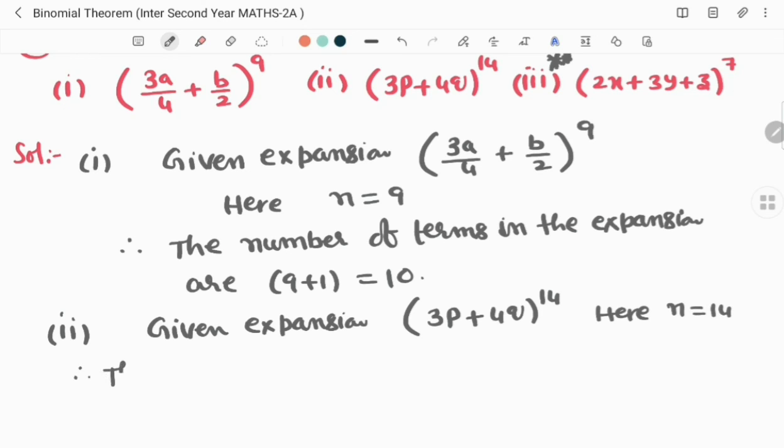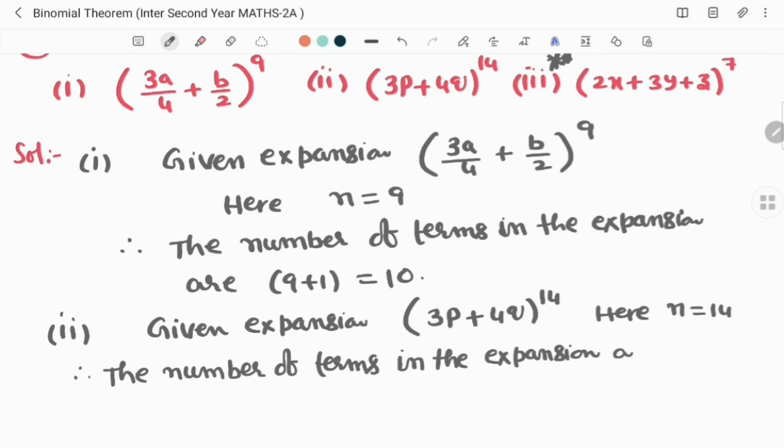Therefore, the number of terms in the expansion is n plus 1, that is 14 plus 1, which is equal to 15 terms.